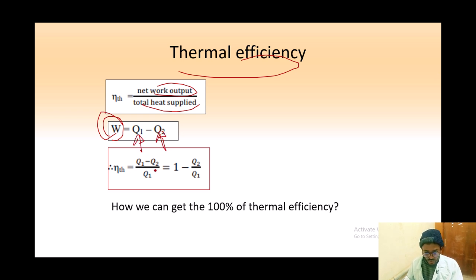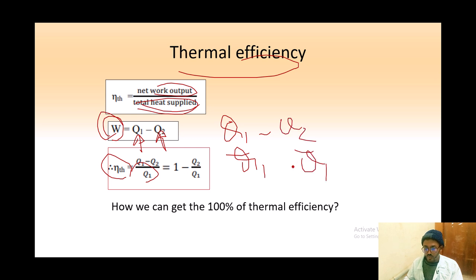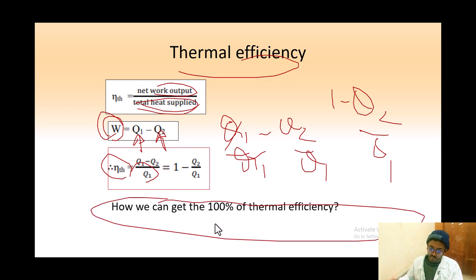And if we want to know the efficiency, we have the net work output, which is Q1 minus Q2, but the total heat supplied is Q1, so we have Q1. So if we make it like this, Q1 over Q1 minus Q2 over Q1, we can cancel this one, then 1 minus Q2 over Q1. So this is the thermal efficiency, and how can we get 100% thermal efficiency? Is it possible?